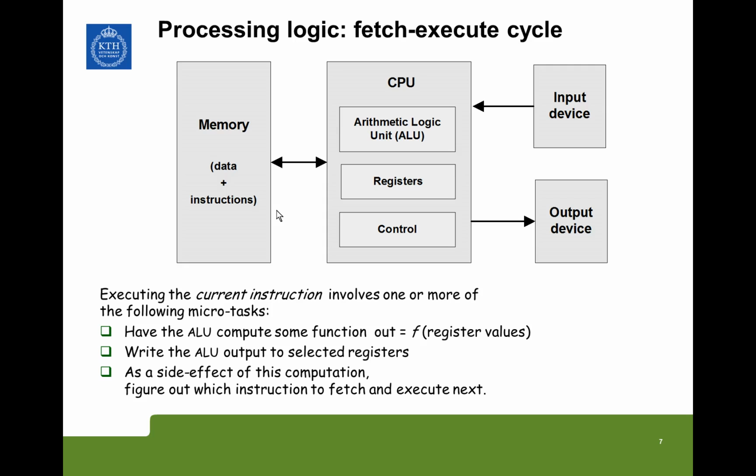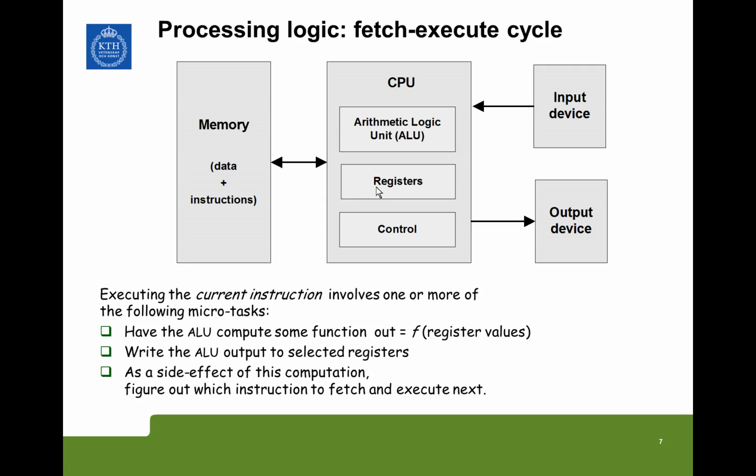So then the idea of the operation of the computer would be the following. The memory contains the instruction, and then the execution of an instruction involves the following steps. The instruction makes the arithmetic unit compute some function, and then write to some registers or maybe some output device.